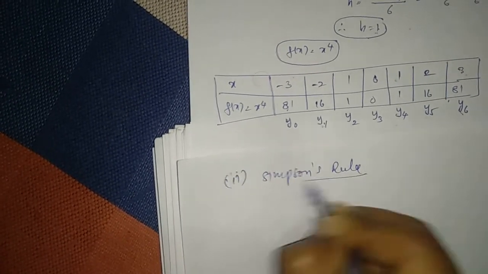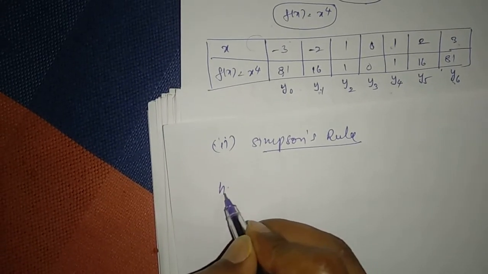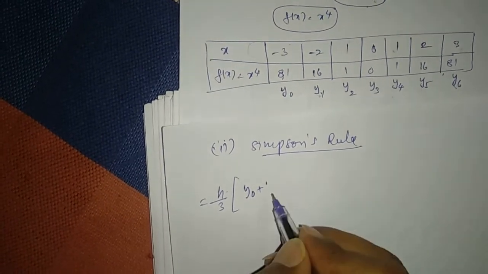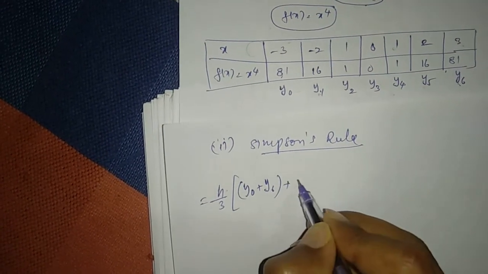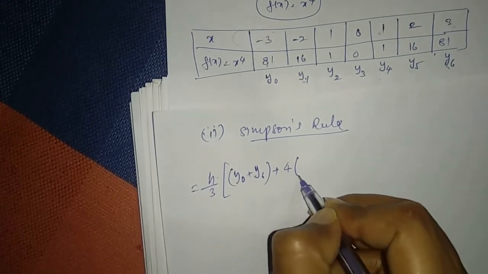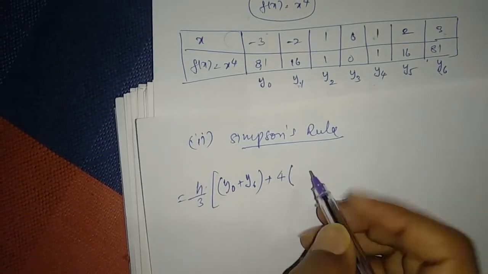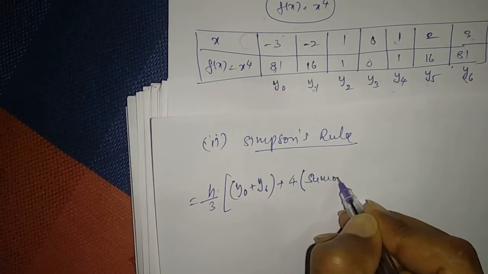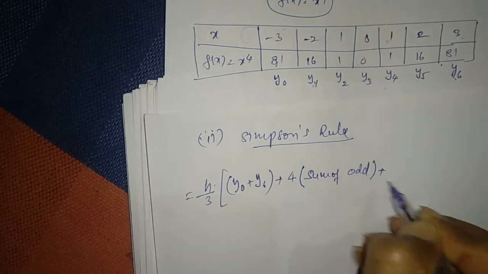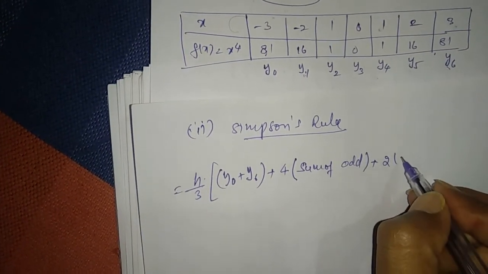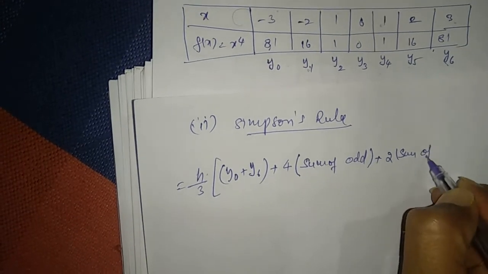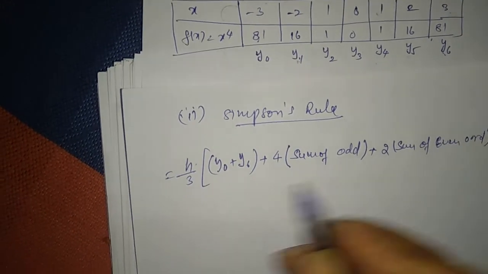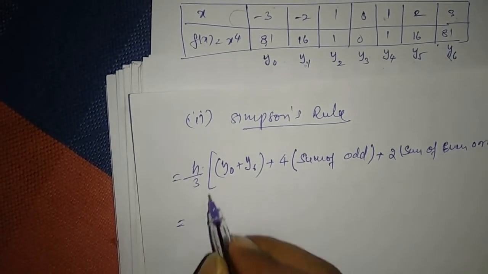The formula is h by 3 whole into y naught plus the last value y6, plus 4 into the sum of odd ordinates plus 2 into the sum of even ordinates.